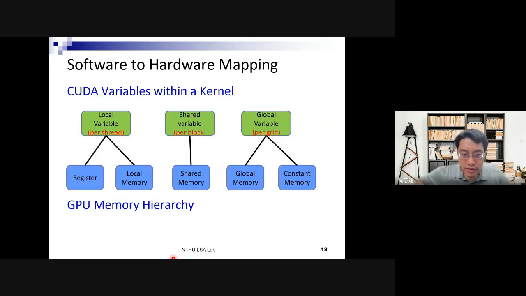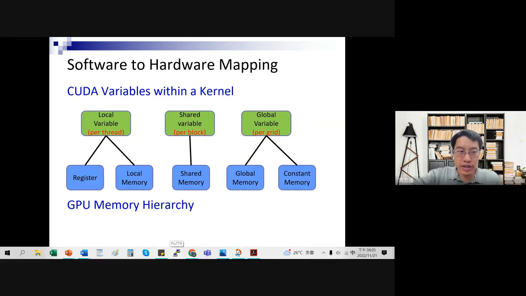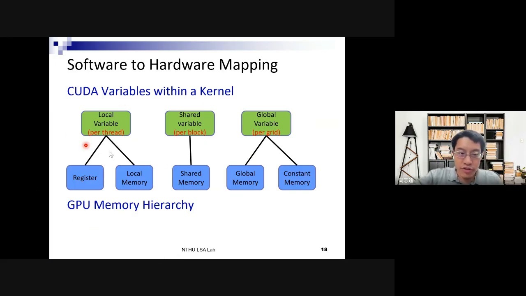All right. So as you can see, this is a complete mapping between your variables in your program space to the memory space in your GPU memory architecture. As I mentioned, the local variables declared and allocated inside your kernel function could be stored on registers or on local memory. And it is decided at compile time, by the compiler.